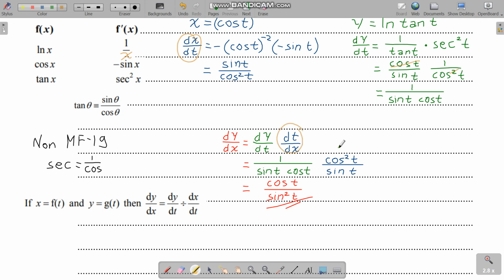So we're going to have to use the reciprocal. We flip this upside down, and we use cos squared over sine. And we can simplify now. We have cos cancel out with the square here, and the sine times sine becomes sine squared. So we get what we need to prove.